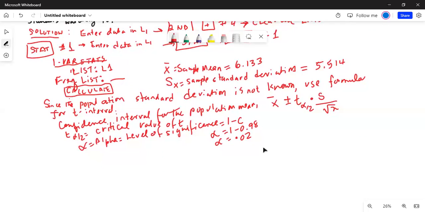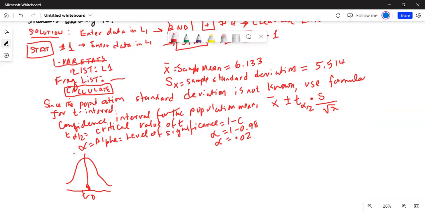Now, let me create some space. Okay. And so if we draw the T distribution, it's a bell-shaped distribution. In the center you have T equal to 0. The horizontal axis is T axis. Vertical axis, of course, probability.